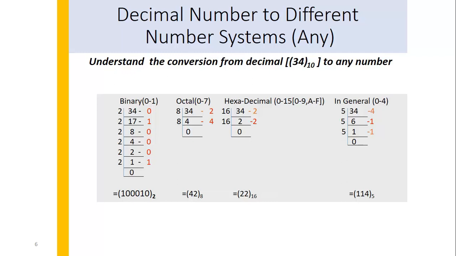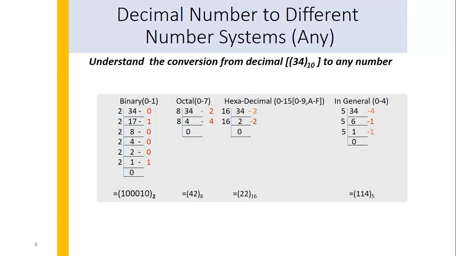So let's generalize this process of converting into any base number system. For example, we want to convert our decimal number into a number system that has base 5. So we need to divide by 5, as the total number of digits used to represent any number in a base 5 number system is 5, from 0 to 4.